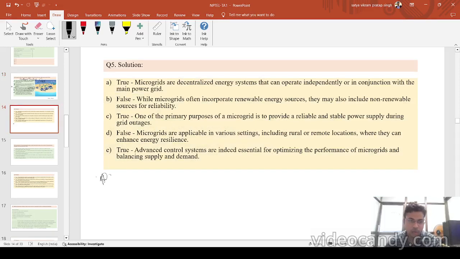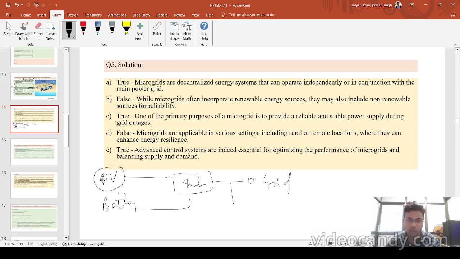You have a PV system and a battery system, and these are all connected to the inverter for DC to AC conversion with a DC link, then to the grid and your household supply. So you need a control mechanism which can transfer power from the battery to the inverter to maintain the voltage on the DC link.